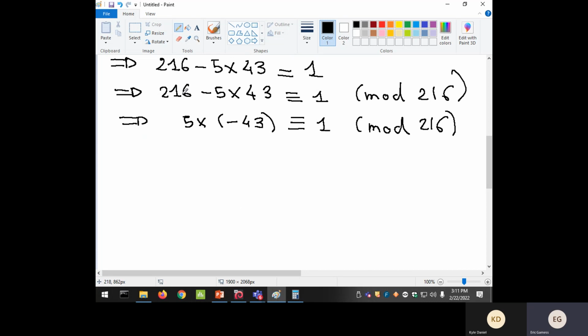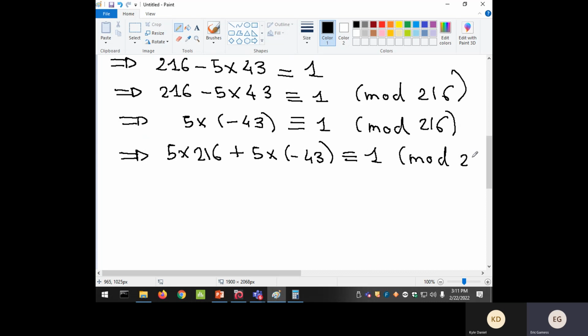But I can add also 216 times something. So what about if we add 216 times 5? I'm going to add 5 times 216, plus 5 times negative 43 is congruent to 1 modulus 216.